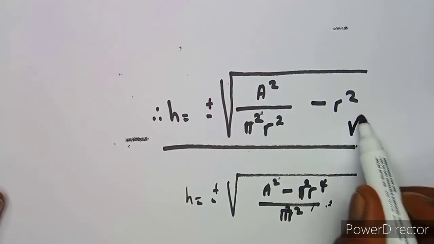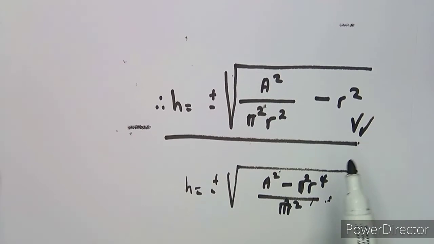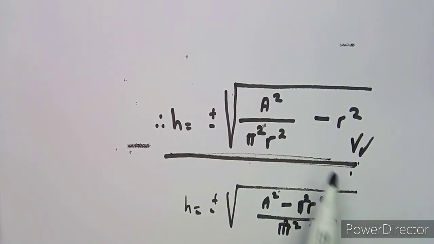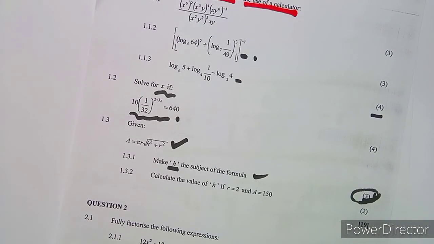But according to what we have done, this is what you're going to obtain. So these are two possible answers, but you can leave your answer at this stage. So guys, as you can see, that's how they ask these questions.